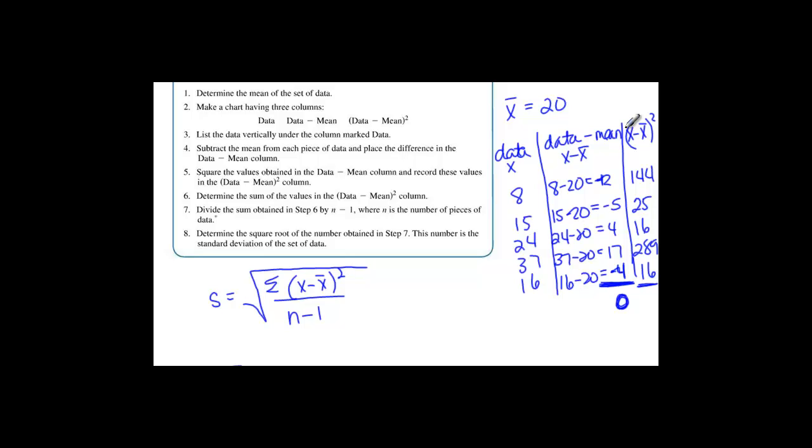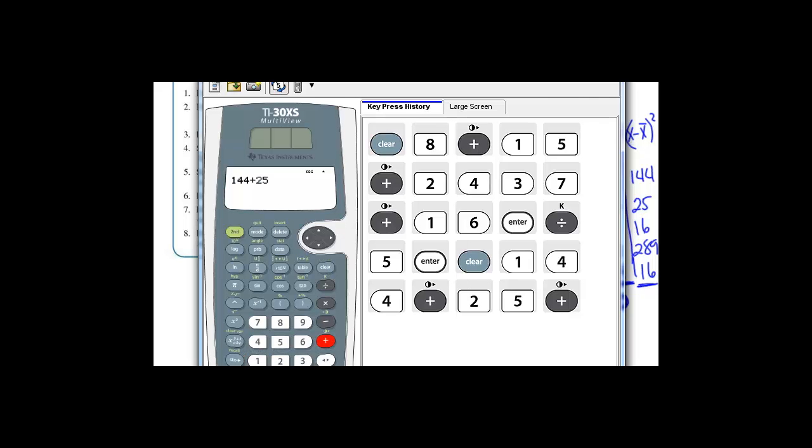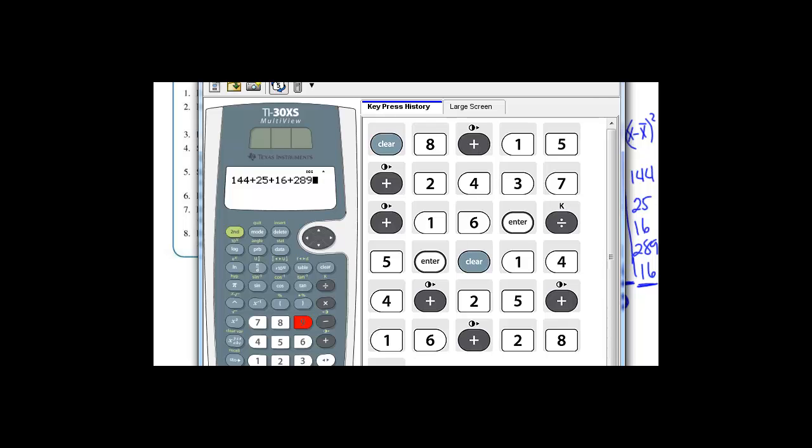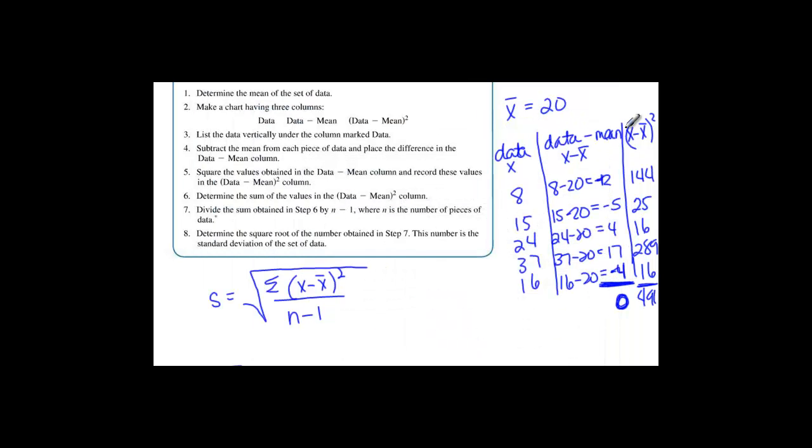When we sum those, so let's add those values together, we would have 144 plus 25 plus 16 plus 289 plus 16, which gives me 490. So the sum here would be 490. That is this part of your formula, the sum of x minus x bar squared.